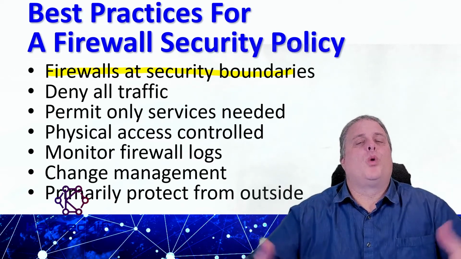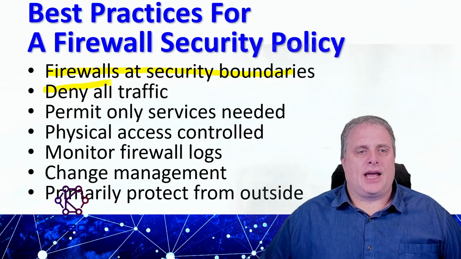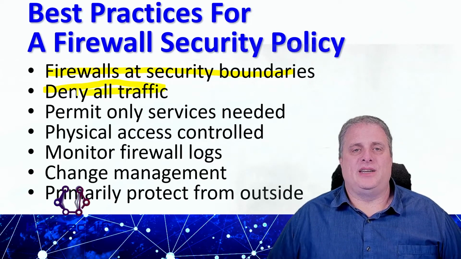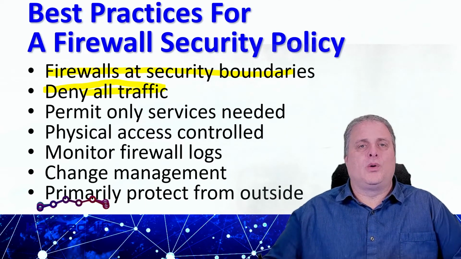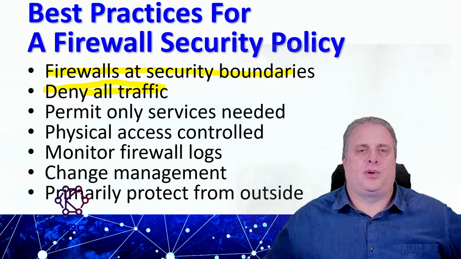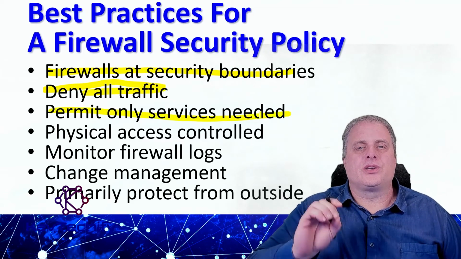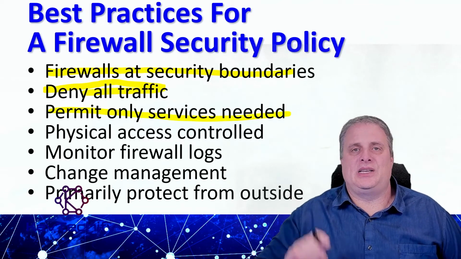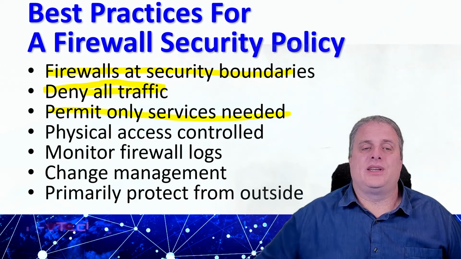You need more layers of security. Next, deny all traffic by default. Start off by blocking everything and then only allow what is needed to perform your business operations. Third, permit only services that are needed on your network. So you deny everything and then you permit only what is needed.